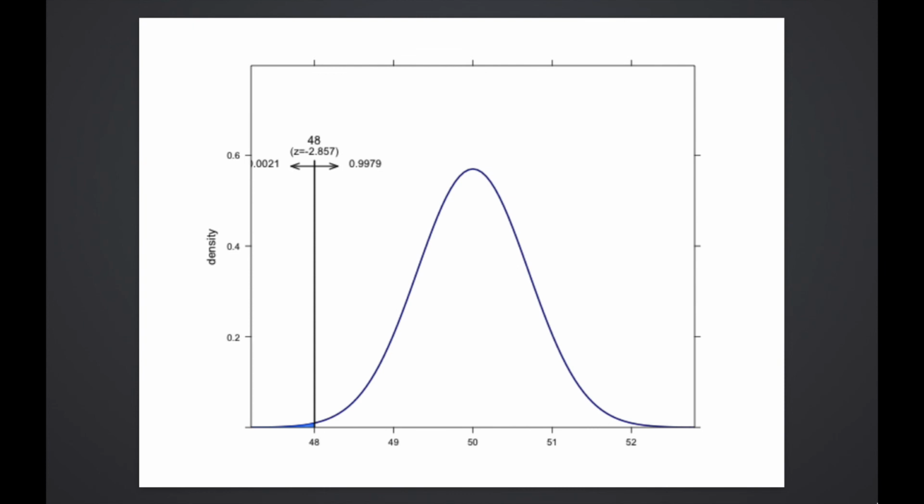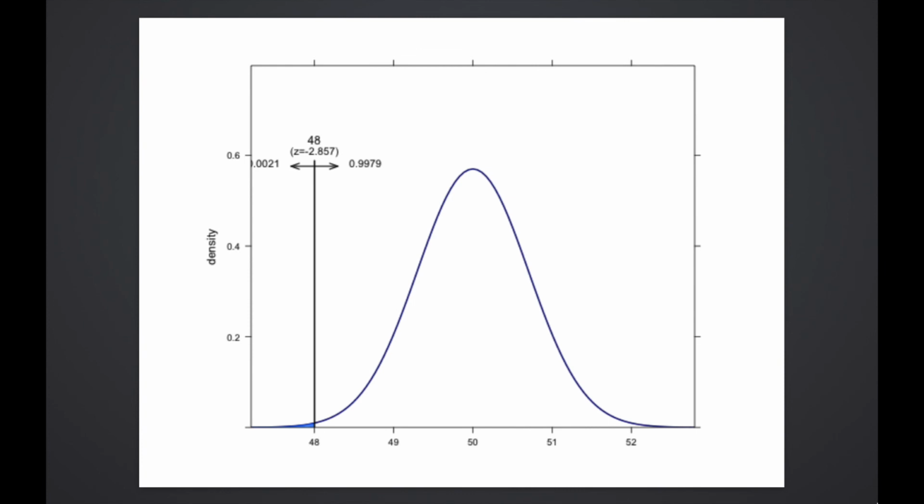So with this normal distribution, we can find where the test value 48 is in this distribution representing the distribution under the null hypothesis and see how unusual that value of 48 is in this particular distribution.